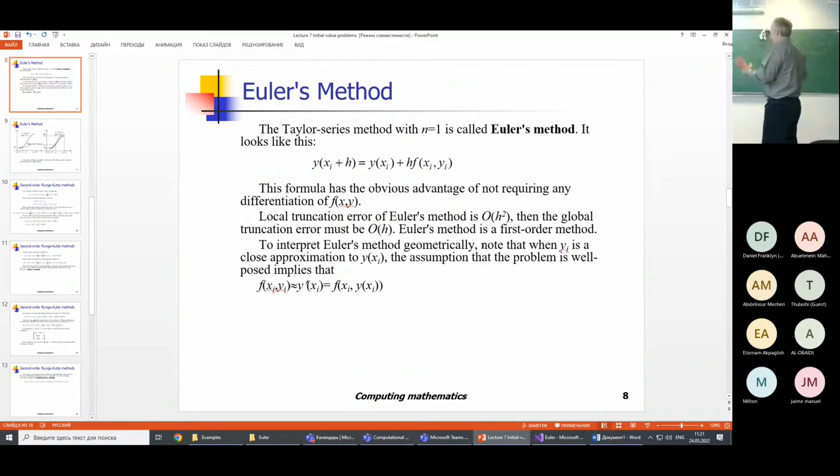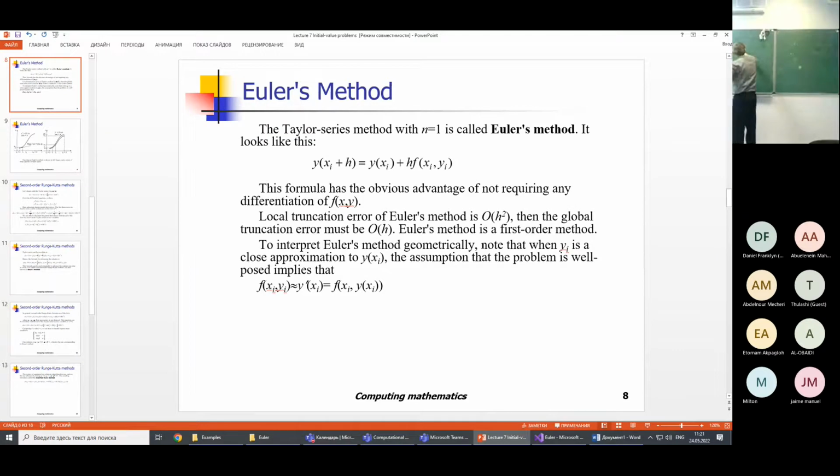Well, it's very simple. What can you say about y? What is the value of y0? y0 we know from the initial condition is 2.